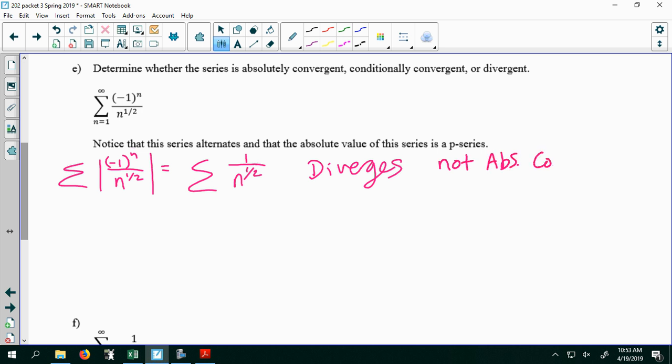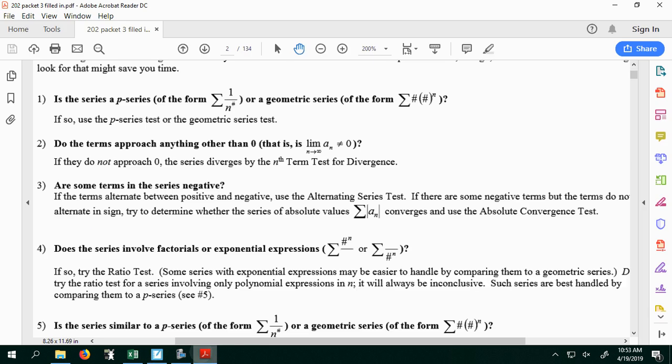Not absolutely convergent. So now I want to determine, is it conditionally convergent, right? It's not absolutely convergent, we've determined. Is it conditionally convergent? So now I'm going to look at the sum without the absolute values. If that converges, then we call it conditionally convergent. So my original sum, (-1)^n over n to the 1/2. The signs alternate. So if I look at my flow chart here, is it a p-series? No. Do the terms approach anything other than 0?